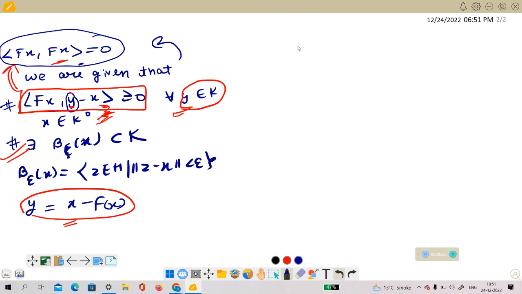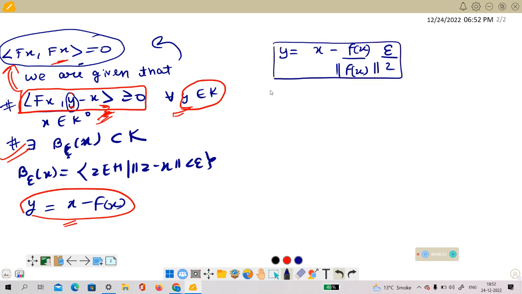Let's see how we choose this. What if I choose my y to be x minus f(x) by the norm of f(x), into epsilon by 2? Why do I choose it like this? First of all, I will show that y belongs to B(x). I don't think it's so difficult to prove. Simply check the norm of y minus x.